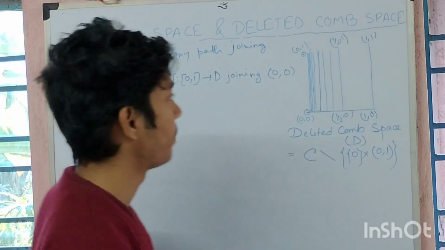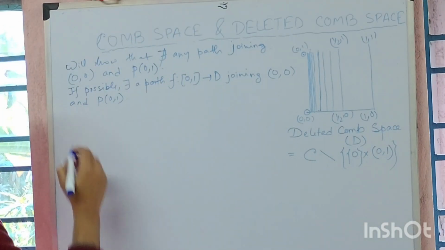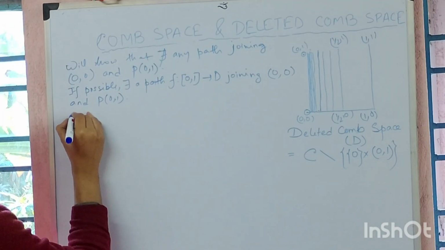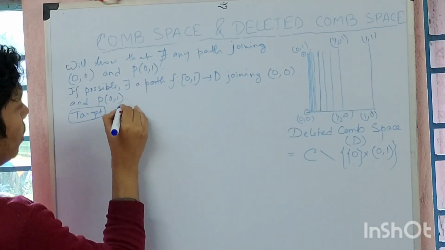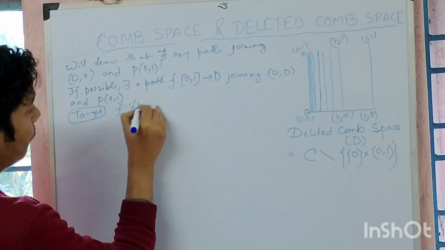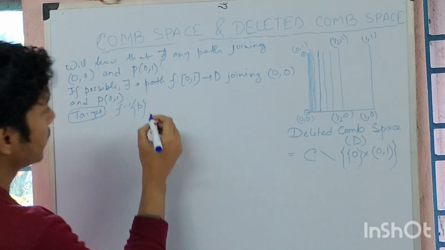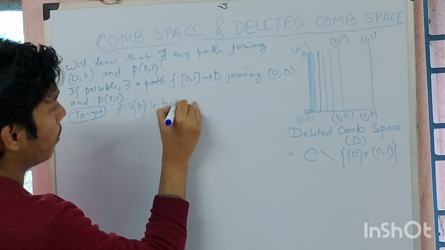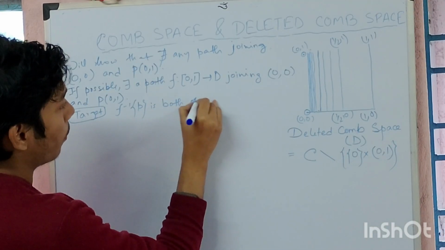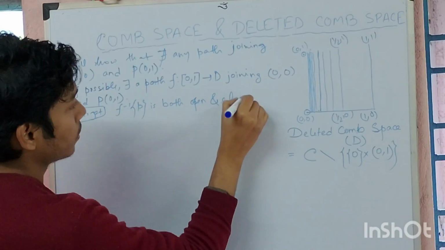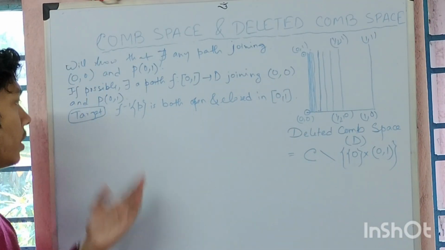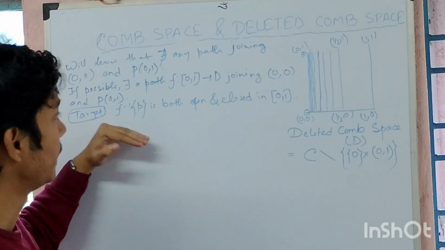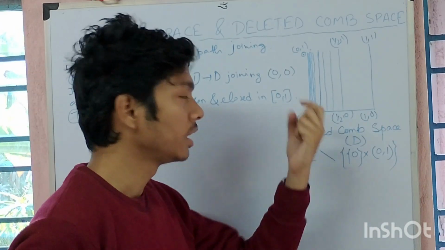Then I will show that my target is to show that this set F inverse P is both open and closed in 0 1.